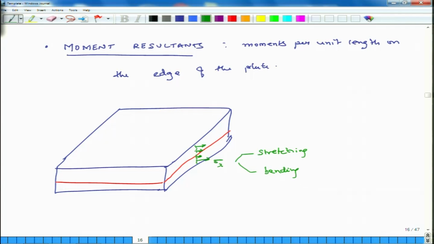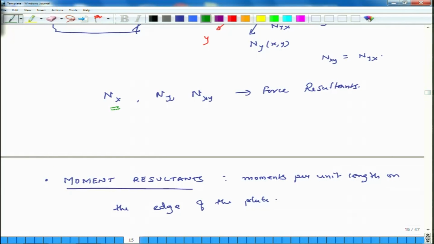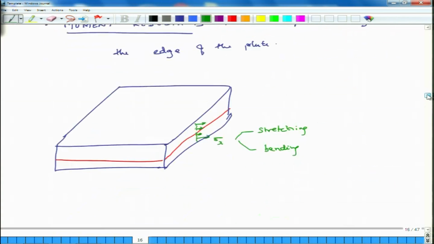Now, the stretching part we have already talked about by talking about Nx, but we have not talked about bending. To understand how much bending moment the plate is going to experience, we will define a term, the moment resultant Mx. And what is Mx?